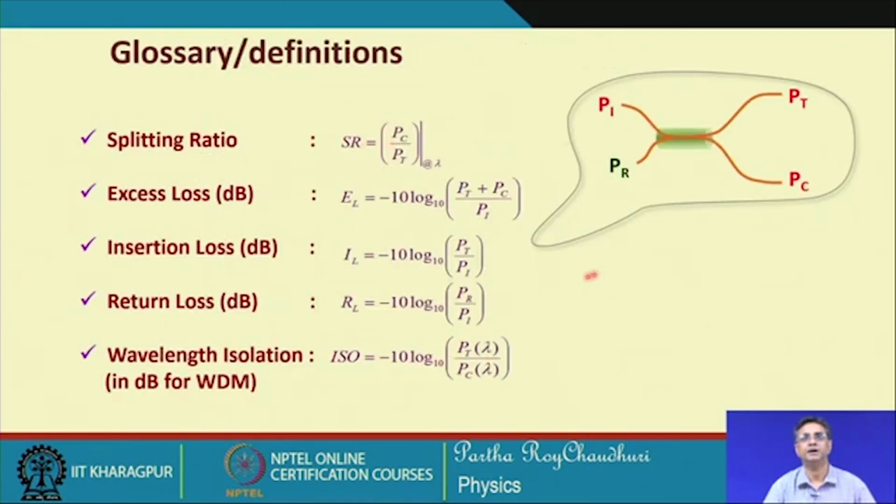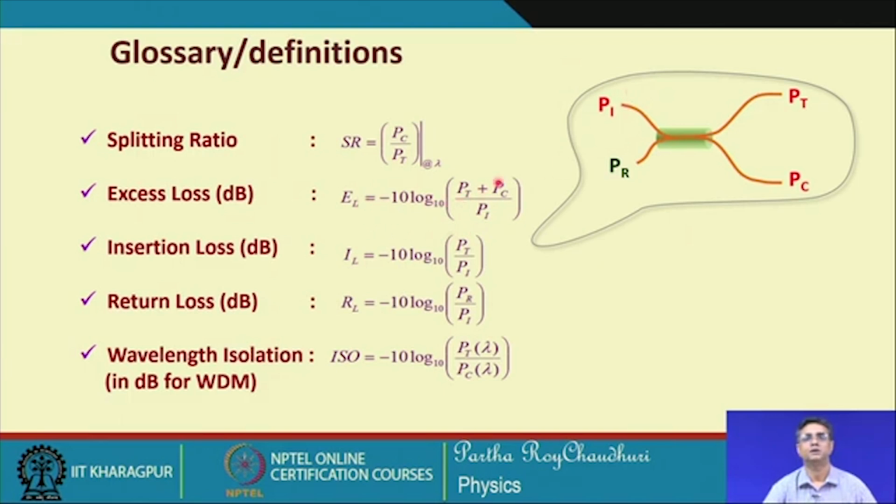Now, these are the typical characteristics of optical fiber based coupler devices. It is in general true for all optical couplers. First, the splitting ratio between the two ports. Then you have excess loss, which is given by the log of the total output light with respect to the total input light.